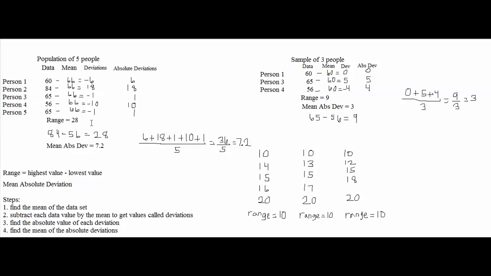So the formula ends up at a dead end, and you don't want that to happen. So what you do is you find the absolute values of the deviations, which makes all the numbers positive, and then the numbers don't add up to 0. Which means since these numbers don't add up to 0, you can find the mean of these numbers, even though you can't find the mean of these numbers over here, since they add up to 0.